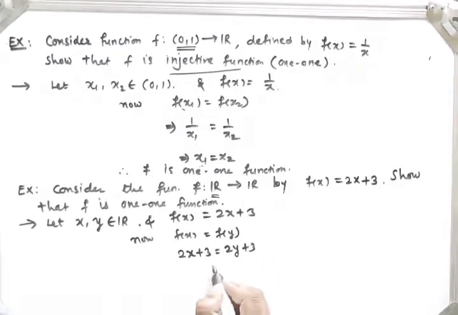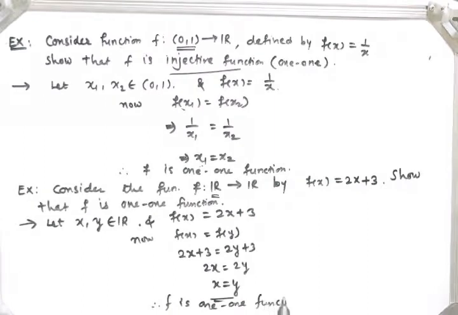So the 3s get cancelled, so remaining 2x is equal to 2y. Now the 2s get cancelled, so remaining x is equal to y. Here function values are equal, so values are equal, which means f is a 1-1 function.